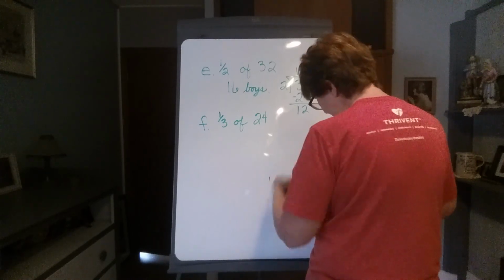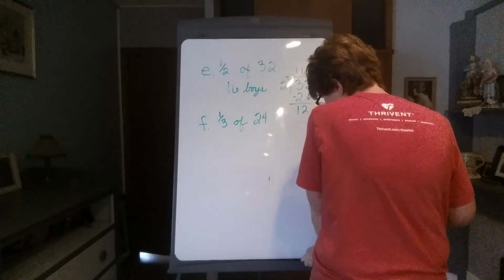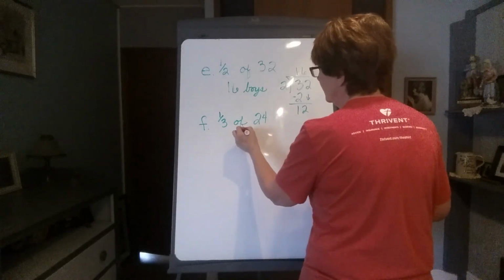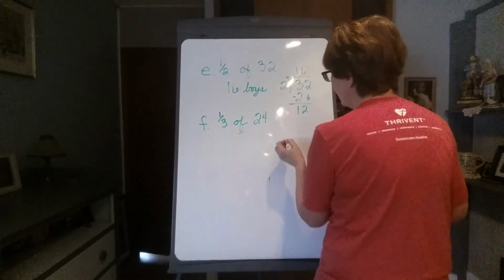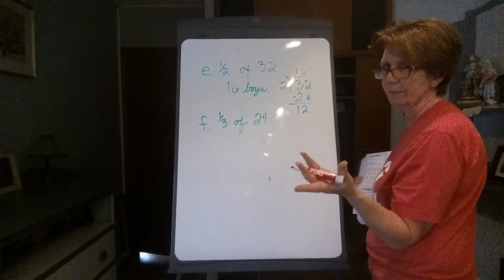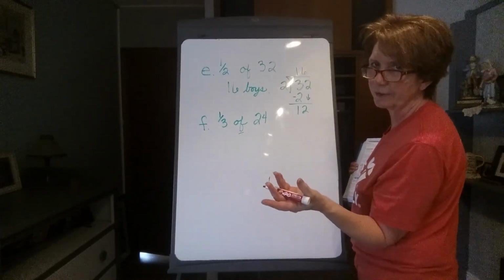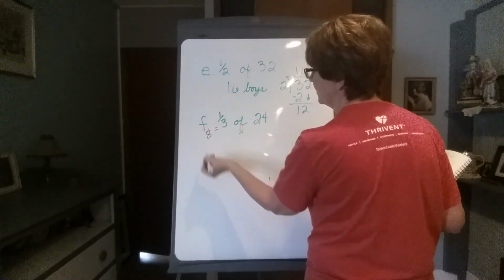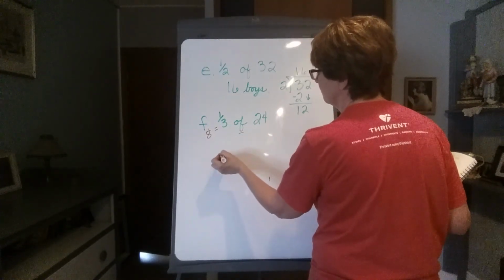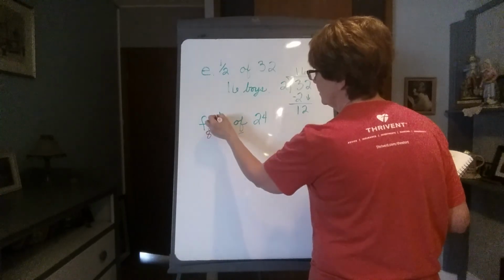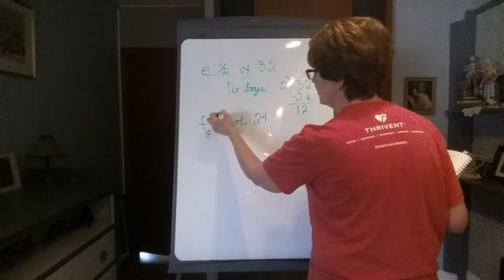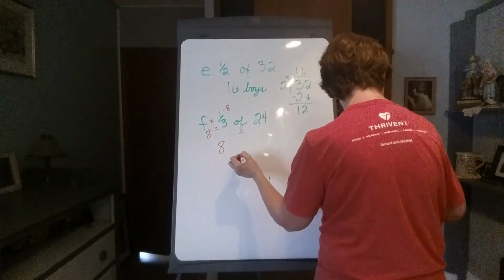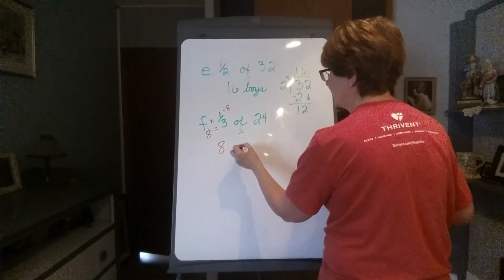Now you're going to solve. Did you write 24 divided by 3? In your memory, what is 24 divided by 3? Did you get 8? And you don't have to multiply it by the 1 unless you want to. So your answer is 8 what? Quarters.